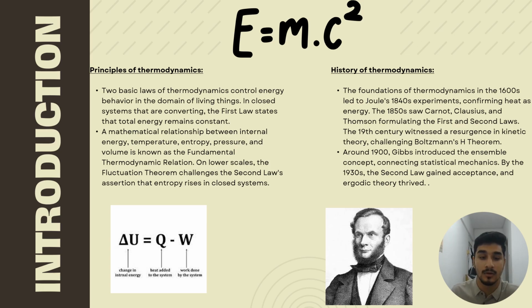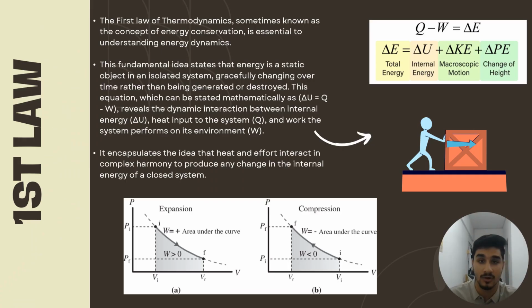Next, we move on to the first law, which talks about energy conservation, and it's essential to understanding the energy dynamics. To the right, we can see an energy equation, which is said as the total energy, which is equal to the internal energy plus kinetic energy plus the potential energy, which is equal to Q minus W. Q minus W is, as I said, the change in potential energy plus the change in kinetic energy plus the change in internal energy.